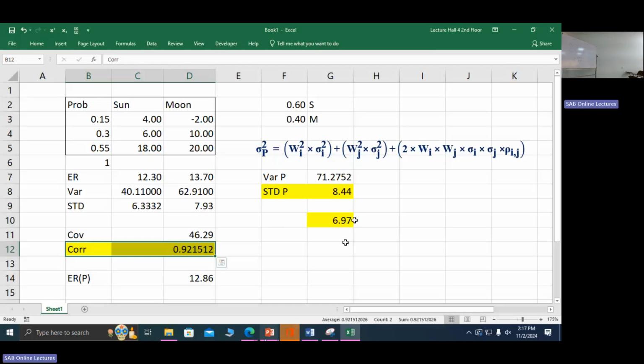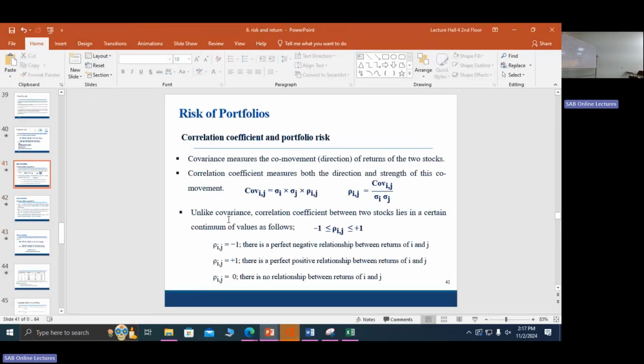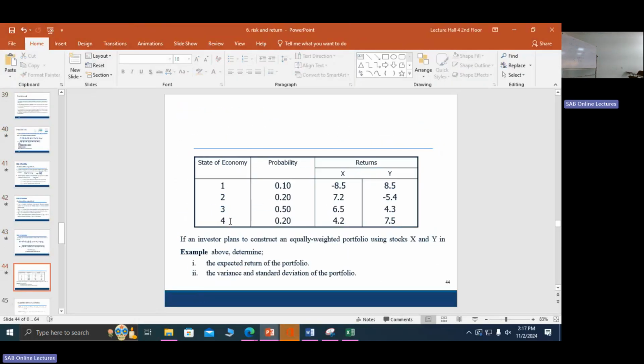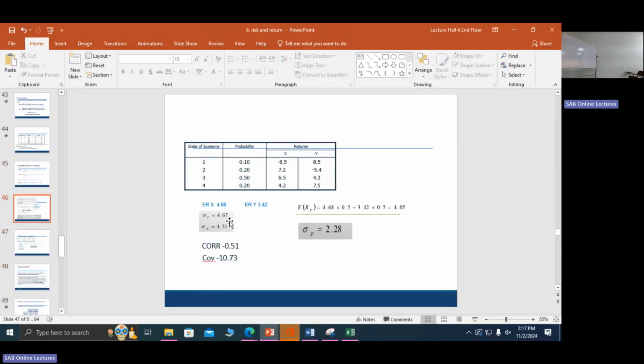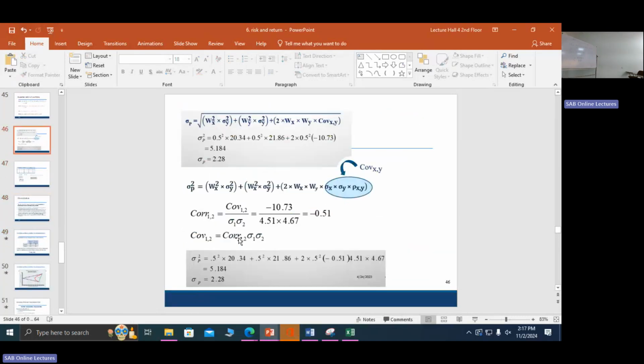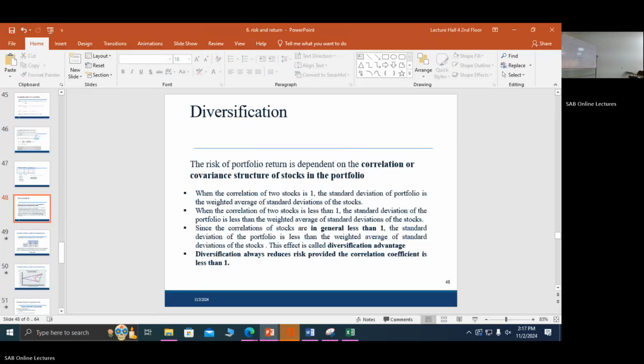Now, portfolio standard deviation, you can go to this slide. Based on this point, you can conclude: since the correlation of two stocks is less than 1, the standard deviation of the portfolio is less than the weighted average standard deviation of the stocks.